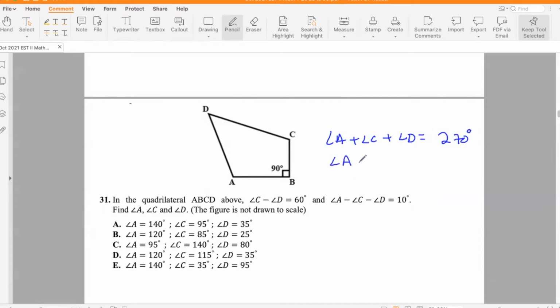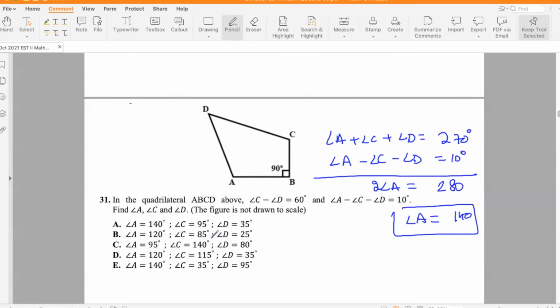And angle A minus angle C minus angle D is given as 10. So if I add these two, angle A would become 280. So angle A becomes 140. So we can eliminate B, C, and D.